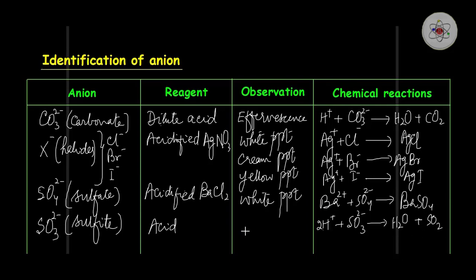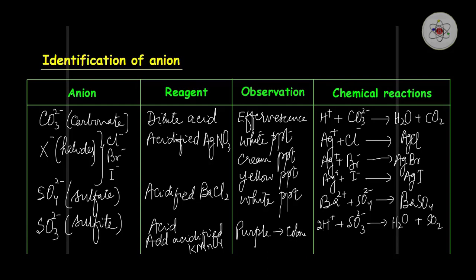And what is the test for sulfur dioxide gas? If your test tube has sulfur dioxide, we just add an acidified oxidizing agent, acidified KMnO4. The purple color of KMnO4 will go off. It will go colorless.